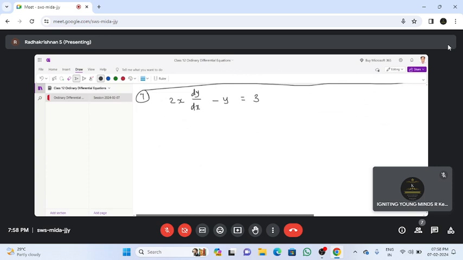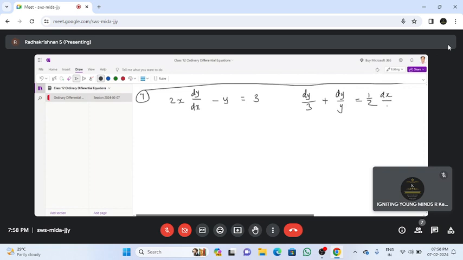Just tell the first step if anybody has done. So how did you separate y and x? dy by 3 plus dy by y equal to half dx by x, sir. Tell me again.